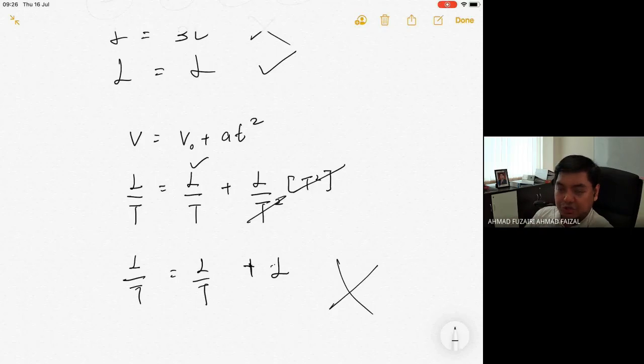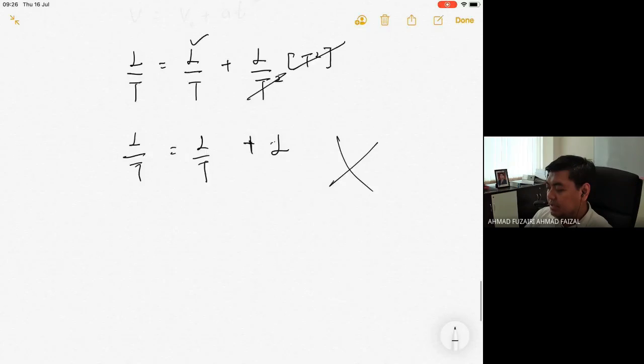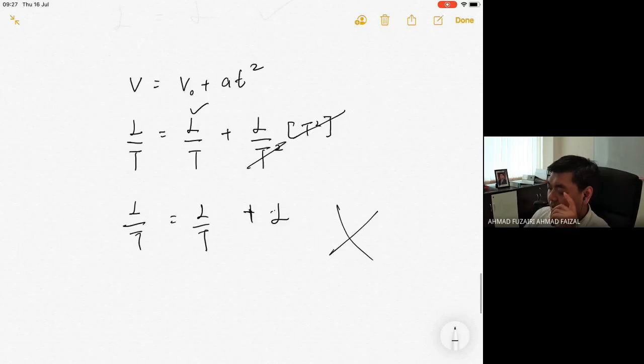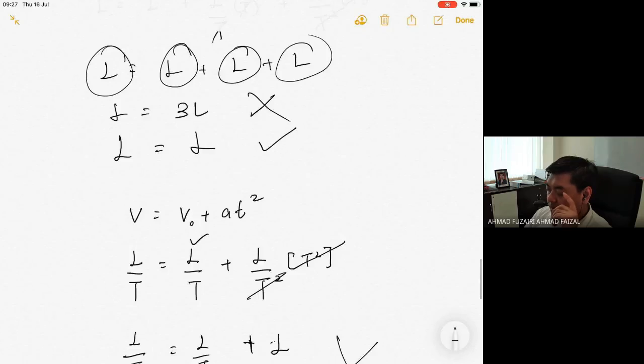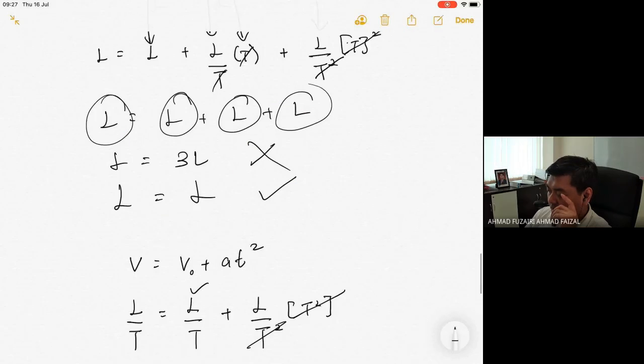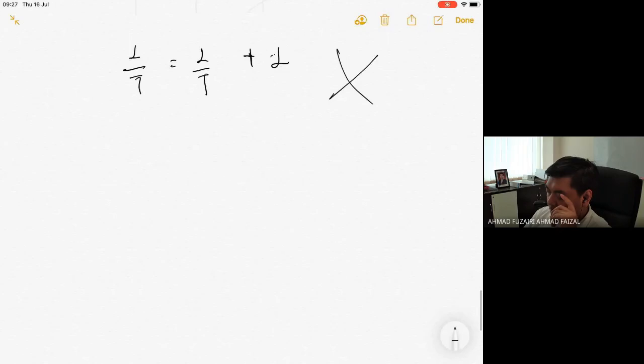So bila diminta show that, maksudnya kena tunjukkan. Kadang-kadang soalan ni pun boleh juga dia nak mention, macam saya cakap, macam mana dia nak dapatkan units dia. Macam mana nak dapatkan unit? Okay, maksud dia they will use the equation. Contoh dia, equation yang asal V equals to V naught plus AT.